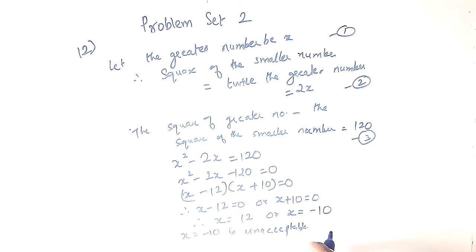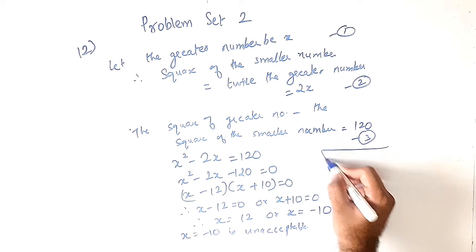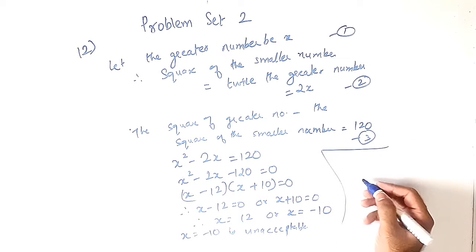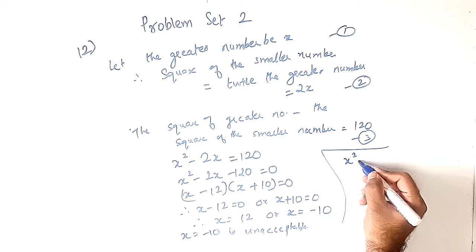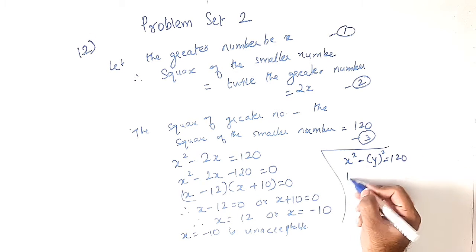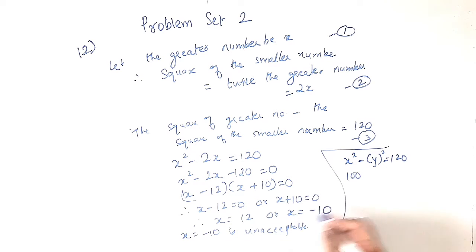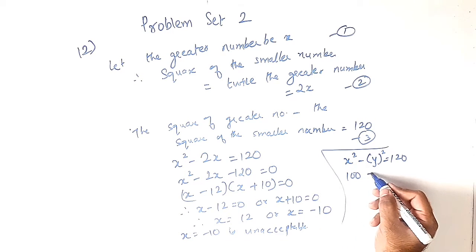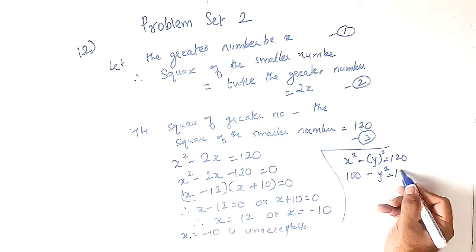Therefore I'll write it here. If I take, let us say, x square minus y square equals 120, it will be minus 10 square minus y square equals 120.